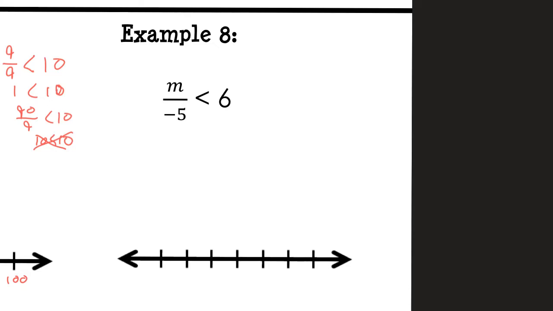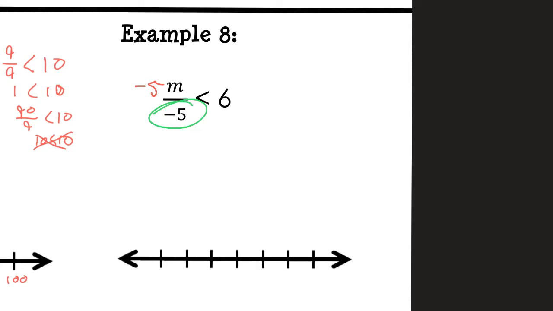m divided by -5 is less than 6. Again, inverse operation. That could be rewritten as -1/5 times m, but in this case we're just dividing. We're going to do the inverse by multiplying both sides by -5.